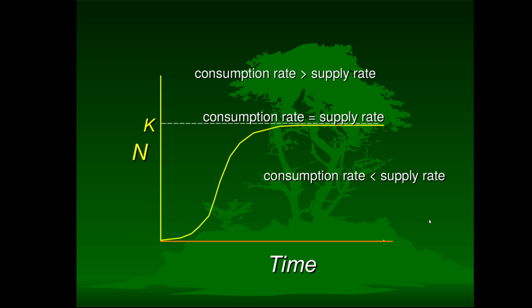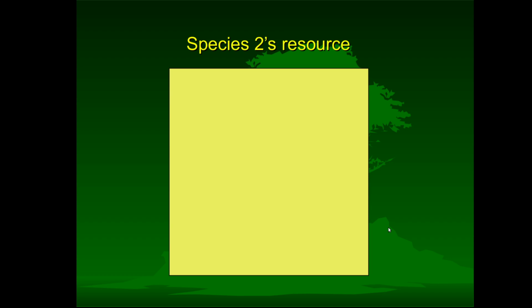Okay, remember this plot we looked at. So let's imagine the limiting resource of species 2 first. Here's species 2's limiting resource. Its supply rate is 50 units per hour.